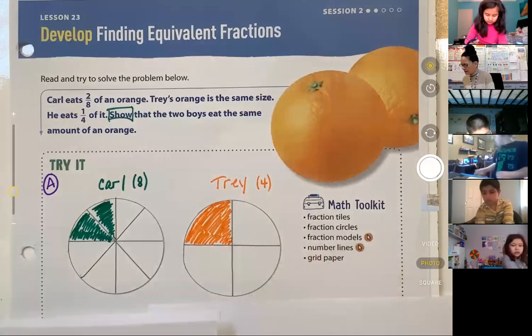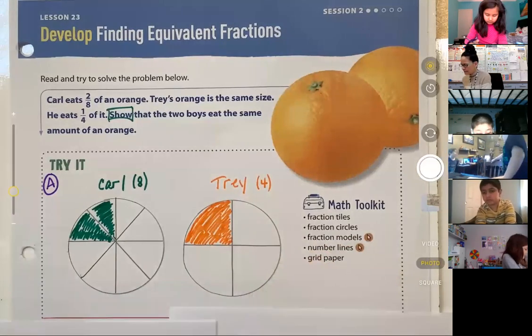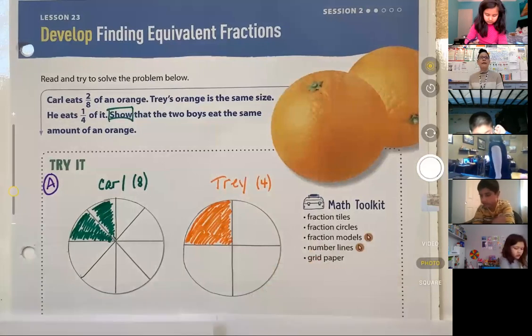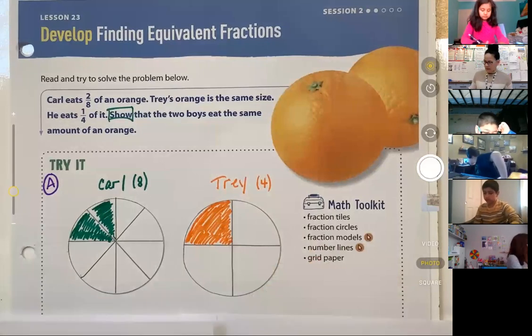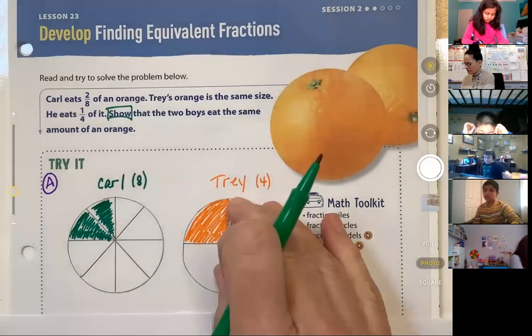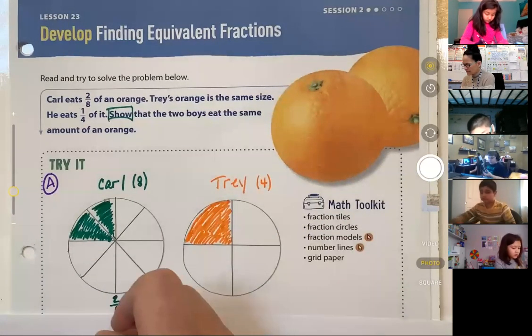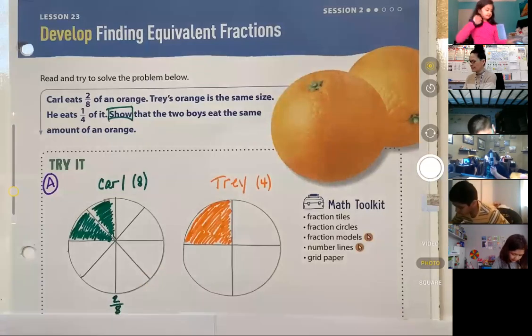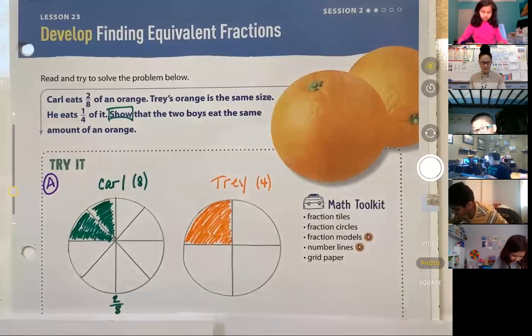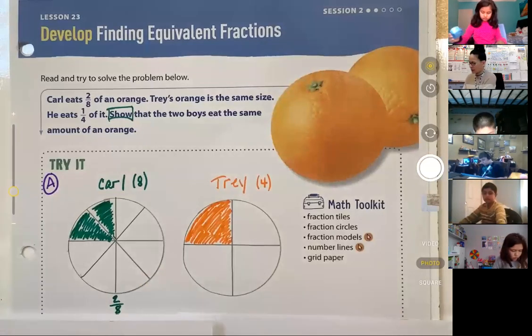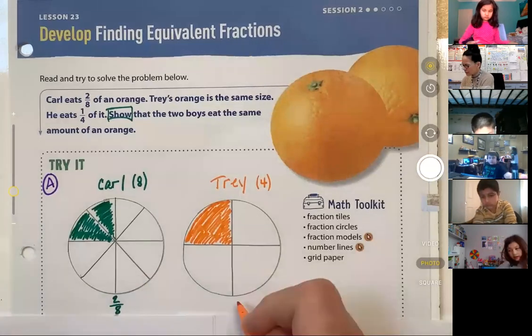So down at the bottom, we can say that Carl's model represents 2/8. We can say down at the bottom with Trey that his model represents 1/4.